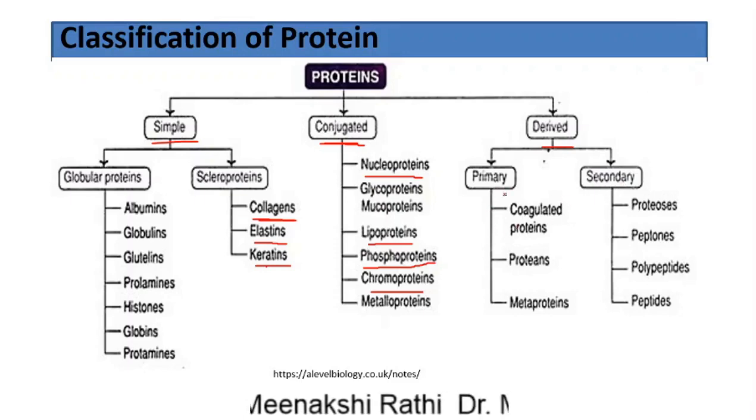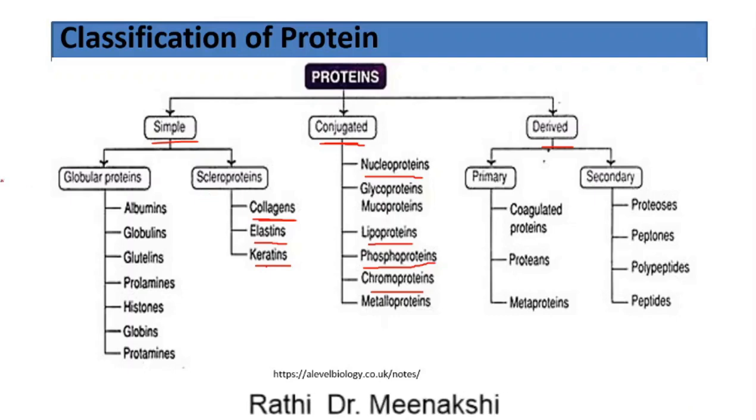There are 3 types of primary derived protein: coagulated protein, proteans and metaprotein, while secondary derived proteins are proteoses, peptones, polypeptides and peptides. Primary derived are formed because of hydrolysis, while secondary are formed due to the breakdown of peptide bonds.